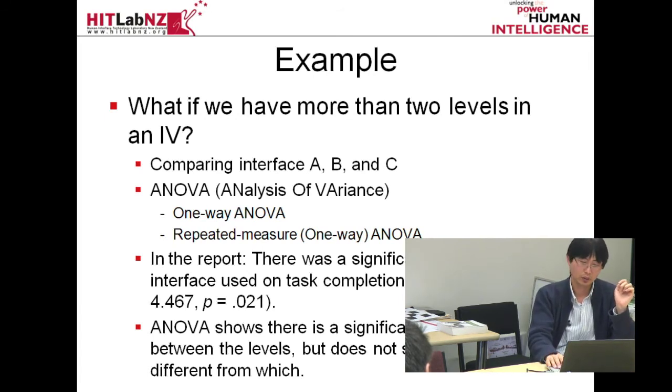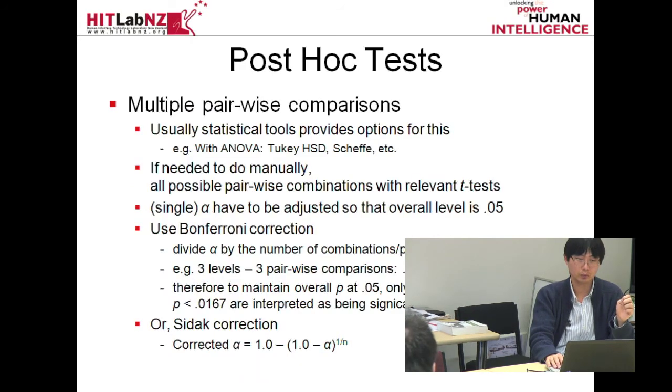Okay, so eventually, if you have more than two levels in an independent variable, and you run an ANOVA, you'll end up doing a post hoc test, which is basically a pairwise test between the conditions. That's what Robin first suggested, just doing pairwise tests from the beginning, and that's also what we can do.